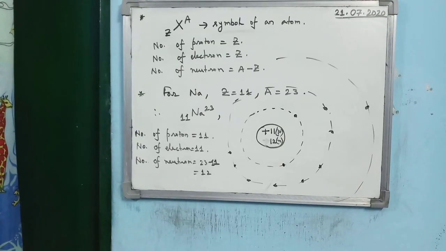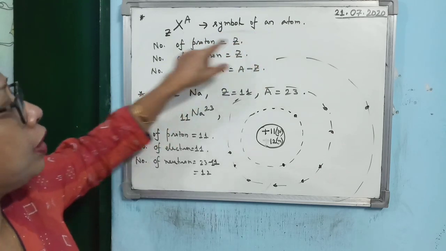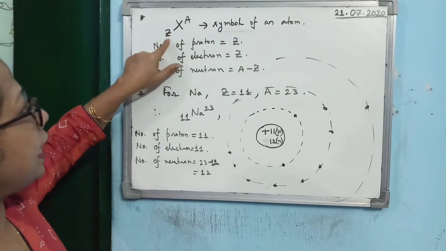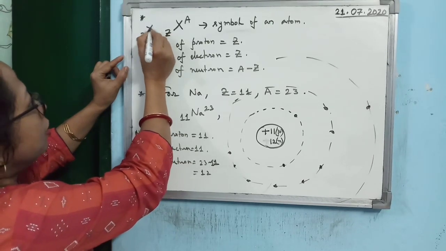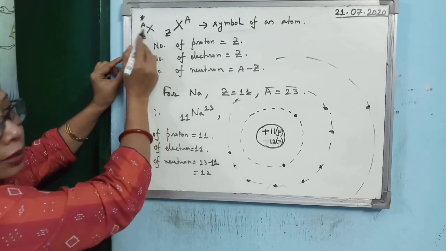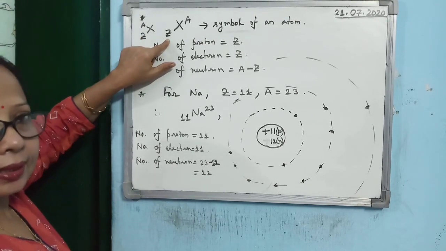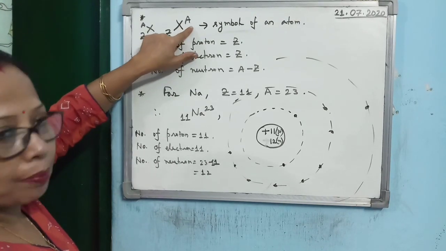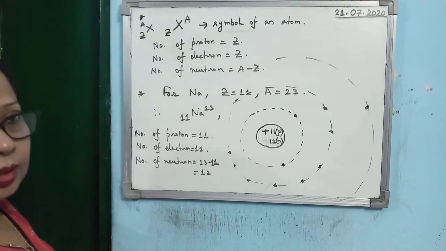If we apply the concept of atomic number and mass number, then we can represent the symbol of an atom this way, ZXA. Sometimes you may write it like this also, on the same side you can write Z and A. Z will always be written in the lower part, and A will be written above.